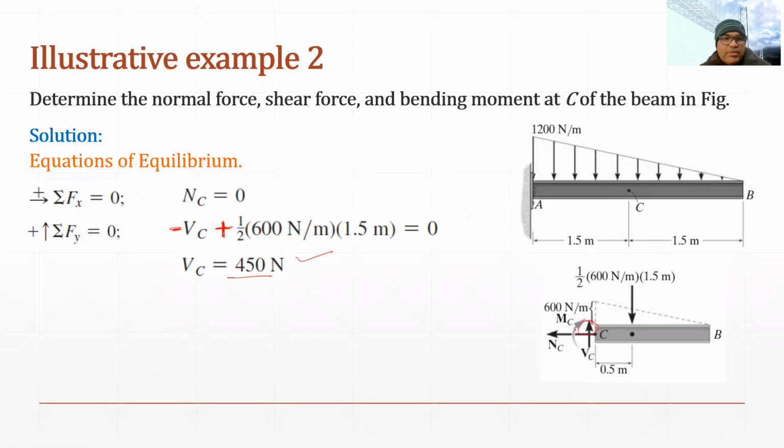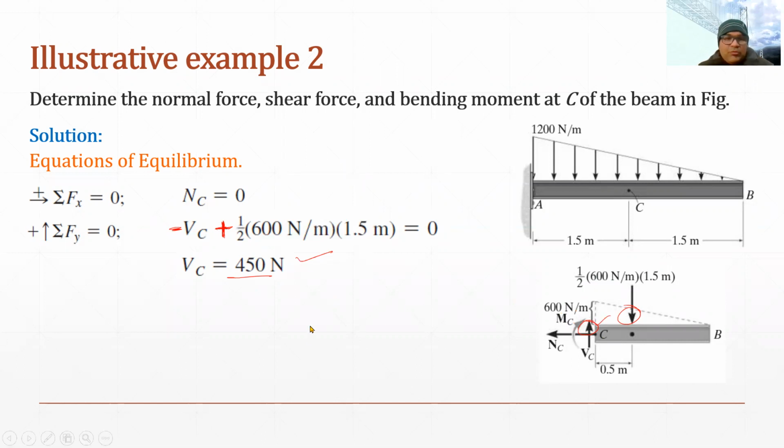Here upward force will be negative and downward force will be positive. So accordingly, the value of shear force is positive, which means the sense that we have assumed for VC, upward, is correct.